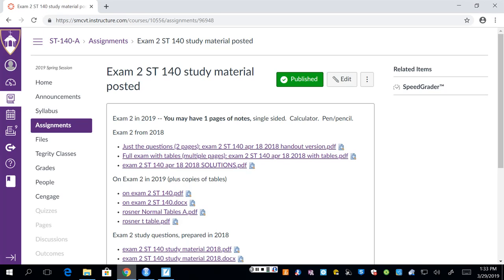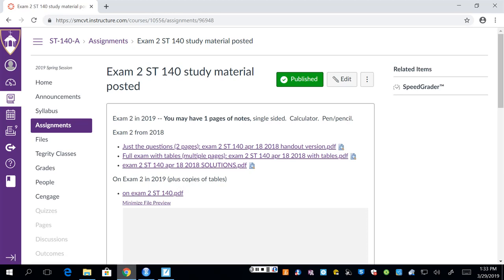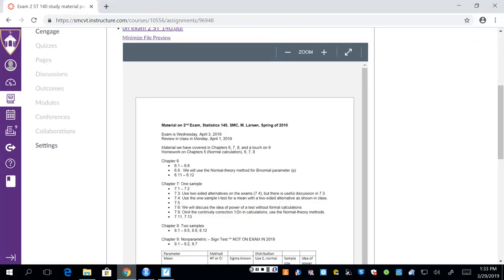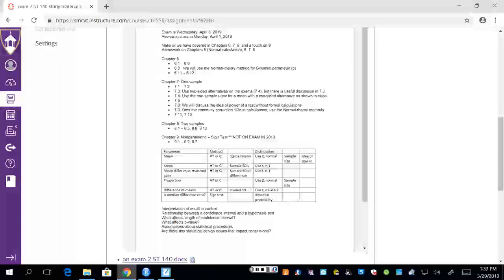There's enough material otherwise. And we didn't necessarily cover all the sections of those, so I tried to list out the sections in this handout, which ones we did. Basically, if you can do those normal calculations, and then we're going to do a confidence interval or hypothesis test for a mean.